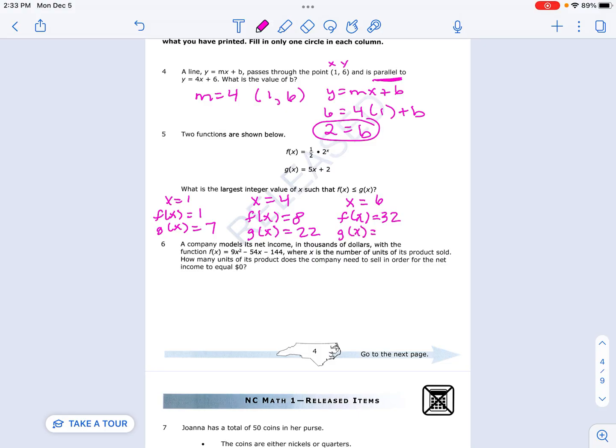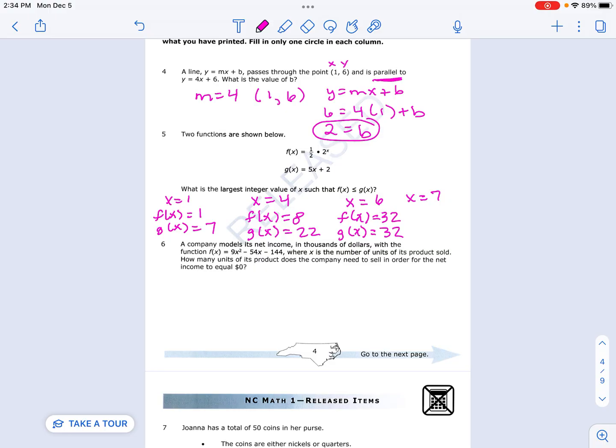And then we do g of x. So 5 times 6 is 30 plus 2 is 32. So there's where they're equal. So if I try the next one up, 7, okay, 2 to the 6th, remember, was 64. So 2 to the 7th is 1 more 2.